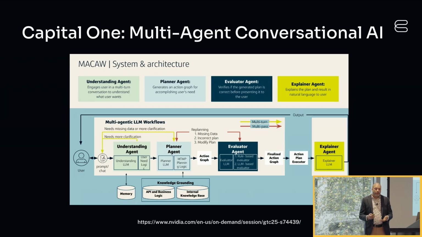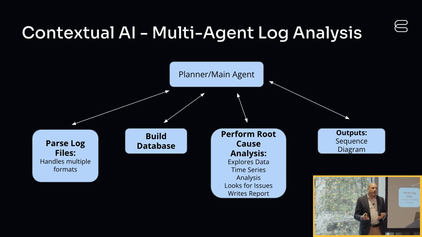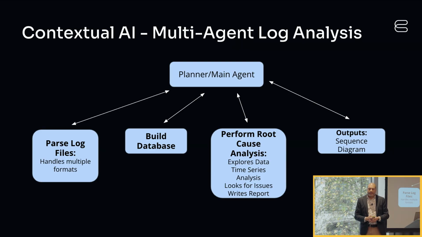At Contextual, we've also tackled this problem, where we focused on log analysis. We have a lot of customers, like Qualcomm, that have lots and lots of log data. Their folks spend a lot of time going through that data, doing root cause analysis, and we figured out that if we break up this task into different parts, we can solve it much better.